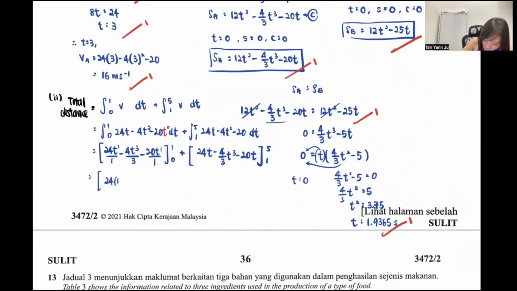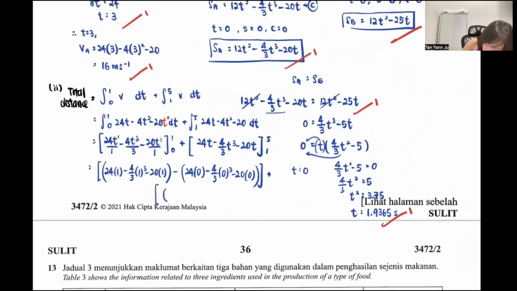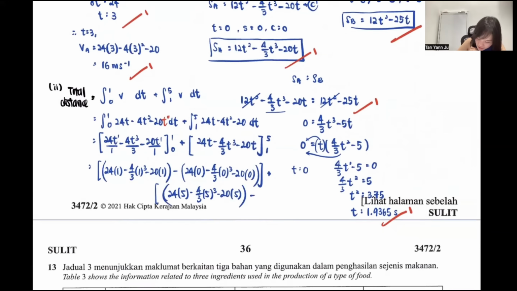So 24 times 1 minus 4 over 3 times 1 cubed minus 20 times 1, minus 24 times 0 minus 4 over 3 times 0 cubed minus 20 times 0. Plus another one: 24 times 5 minus 4 over 3 times 5 cubed minus 20 times 5, minus 24 times 1 minus 4 over 3 times 1 cubed minus 20 times 1.